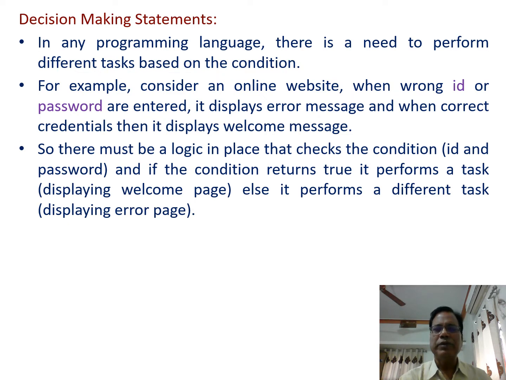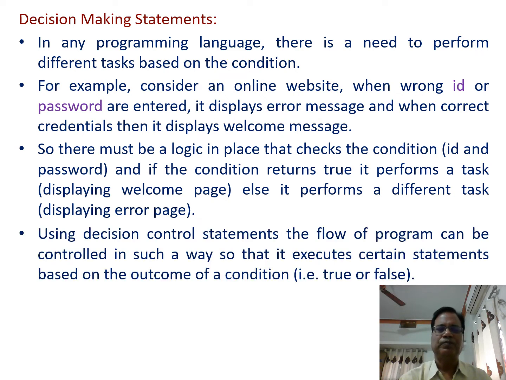So there must be logic in place that checks the condition, ID and password, and if the condition returns true, it performs a task, displaying the welcome page. Else it performs a different task, displaying the error page.